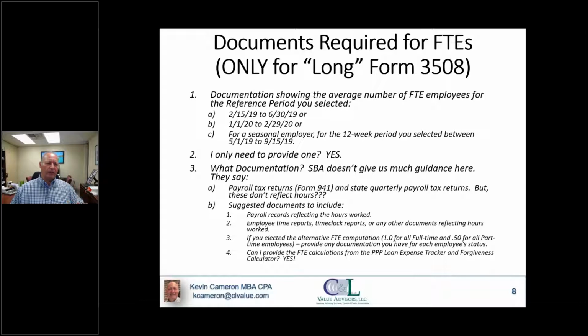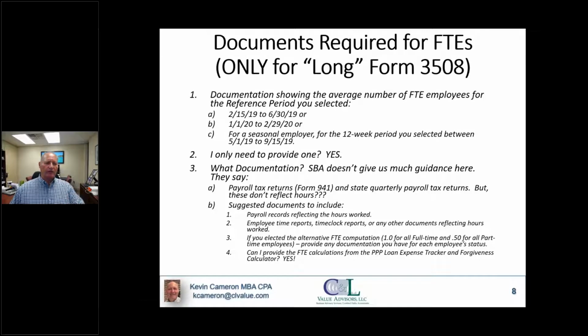The documentation that you are required to provide or maintain for the long form, which is the 3508 long form, is where you get into the issues relating to your FTEs, your full-time equivalent employees. Remember, if you're filing the 3508EZ, you don't really provide any employee FTE calculations because you're telling the SBA that you meet one of the exceptions.